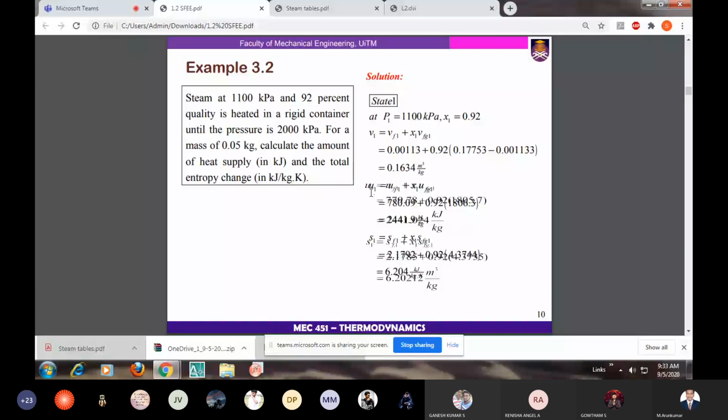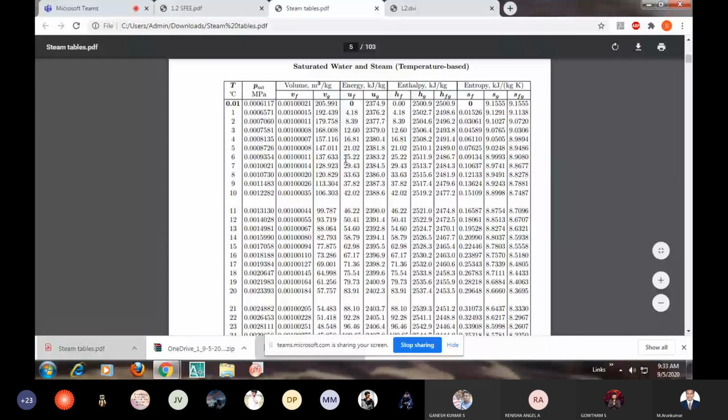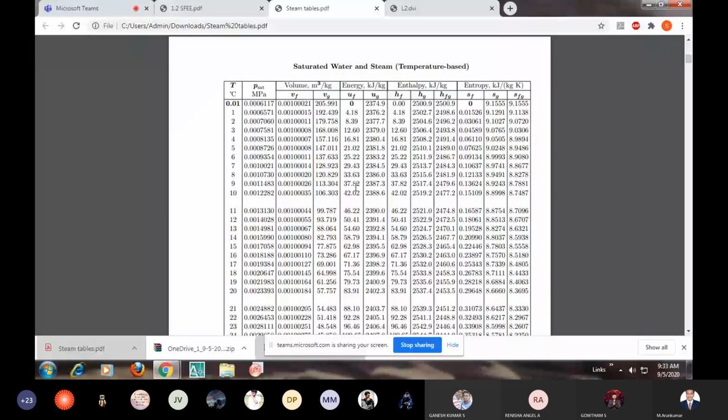Like that, we can also find the specific internal energy U1 by using the same formula, Uf1 plus X1 into Ufg1. Then we can take the same values. In the table, in the next column, there will be the internal energy. If there is a 1100 kilopascal pressure available, then we can directly take the values of specific volume, specific enthalpy, specific entropy, and specific internal energy.